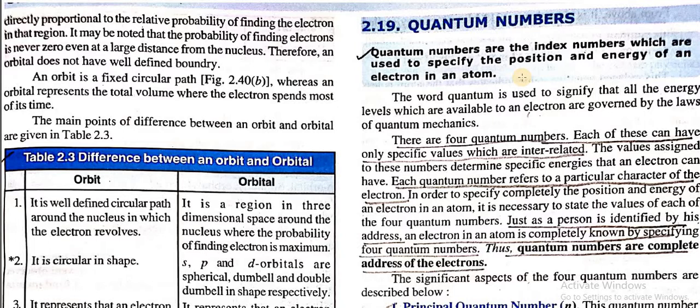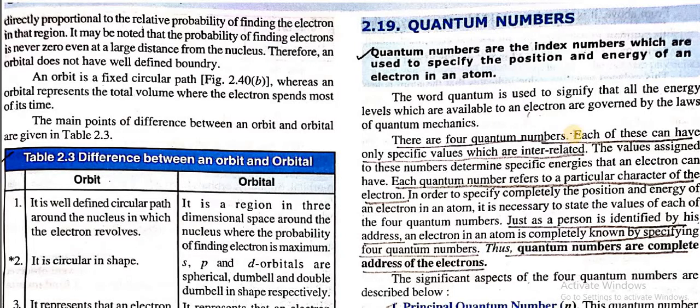For example, just as a person is identified by their address, an electron in an atom is completely known by specifying its quantum numbers. And we have 4 quantum numbers.